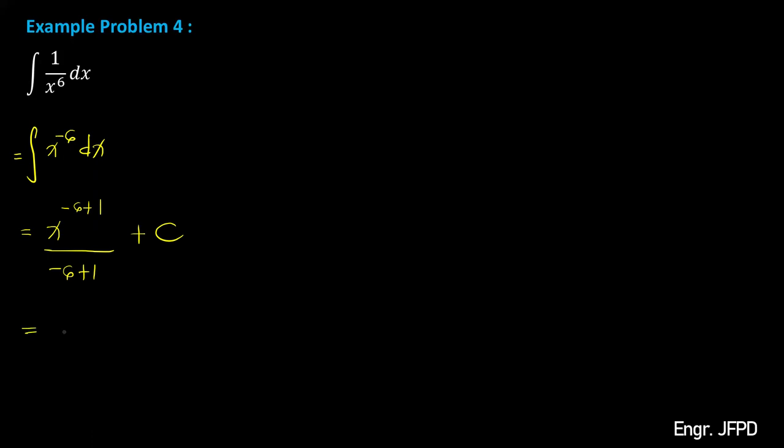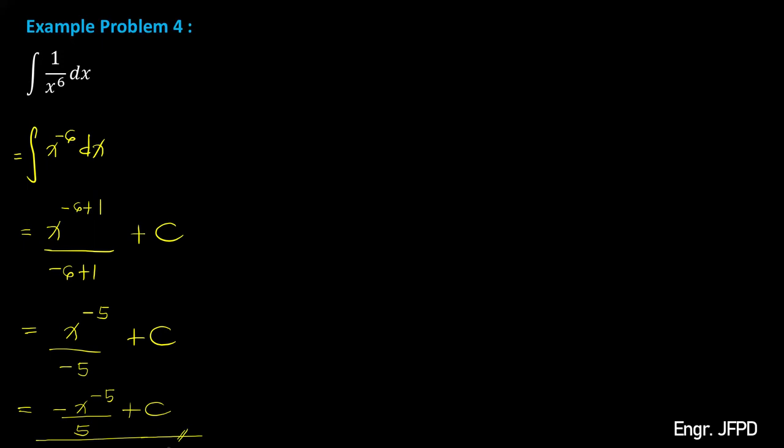Then this is equal now to x raised to the negative 6 plus 1, which is negative 5, over the negative 5 plus c, or we can write our final answer to be the negative of x raised to negative 5 over 5 plus c. And this will be our answer for our example problem number 4.